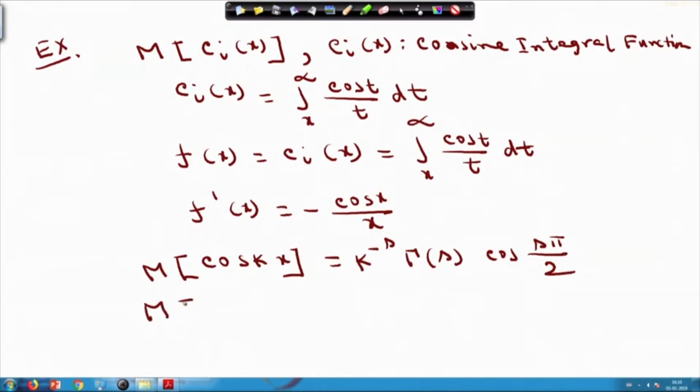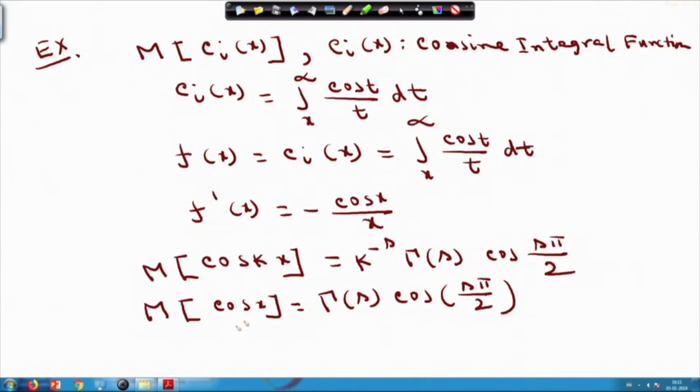So, from here you can write down Mellin transform of cos x. This is nothing but, k will not be there, so gamma s into cos (s pi by 2). So, please note that my f dash x is equals to minus cos x by x. Now, first I am finding the Mellin transform of cos x from Mellin transform of cos kx, which we have done earlier.